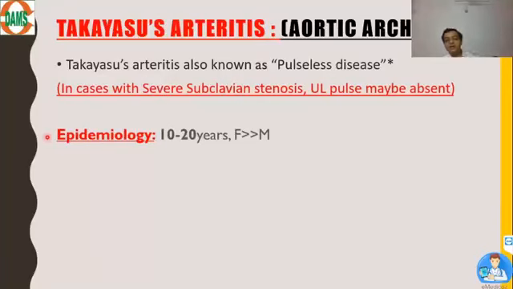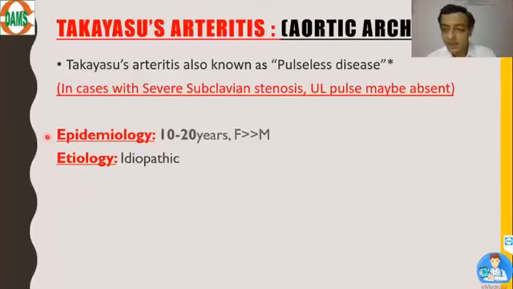So epidemiology, the disease affects young females most commonly, 10 to 20 years, a female dominant disease. Etiology remains idiopathic. Okay. Are we able to write with me? The etiology is idiopathic.